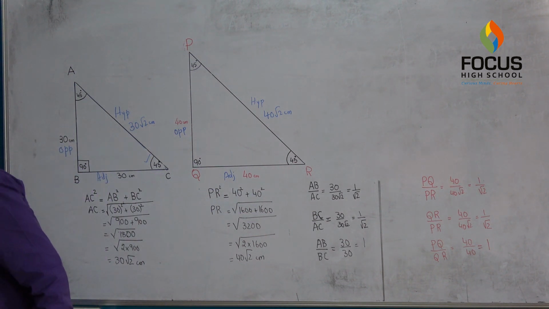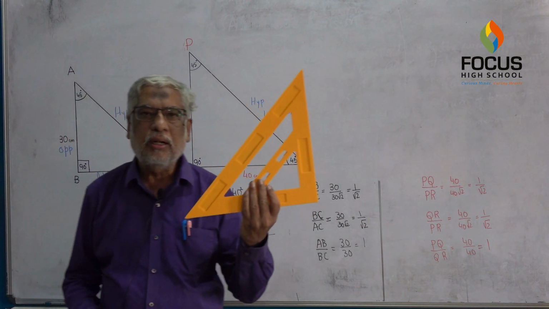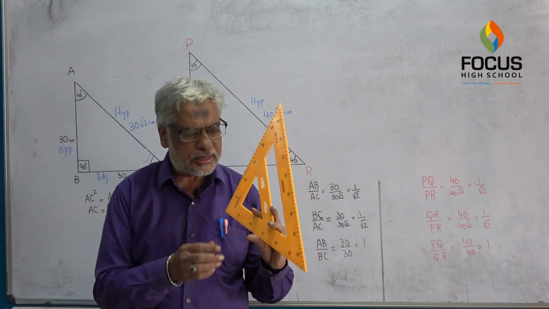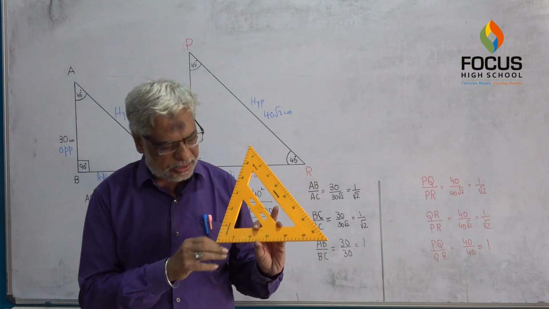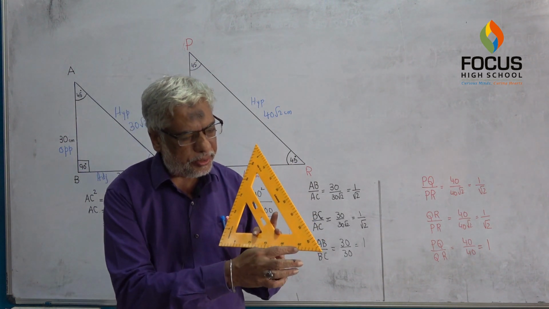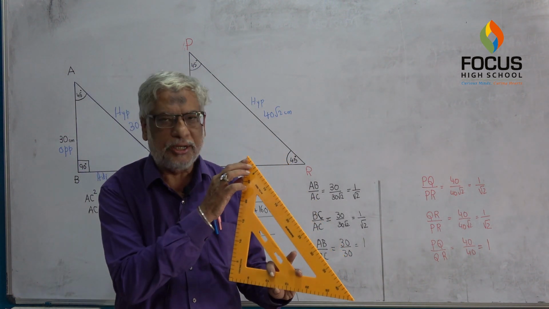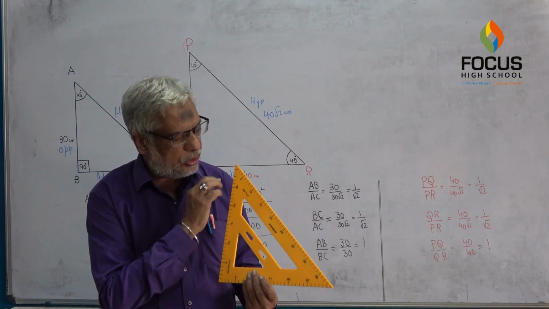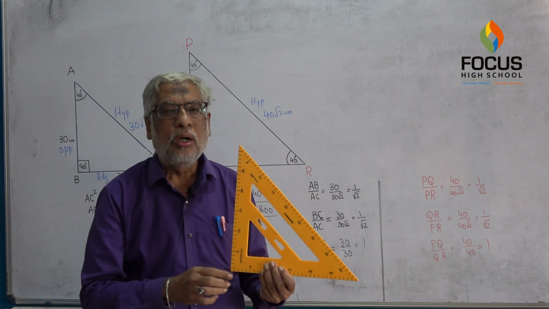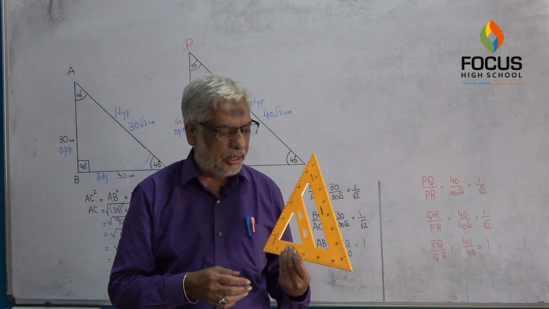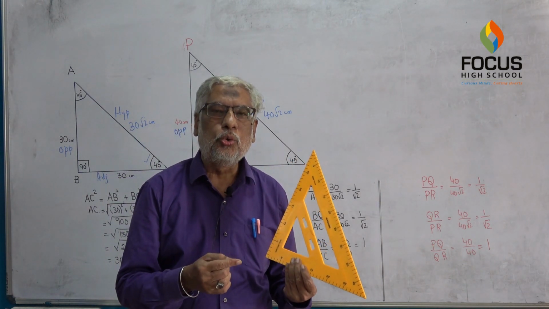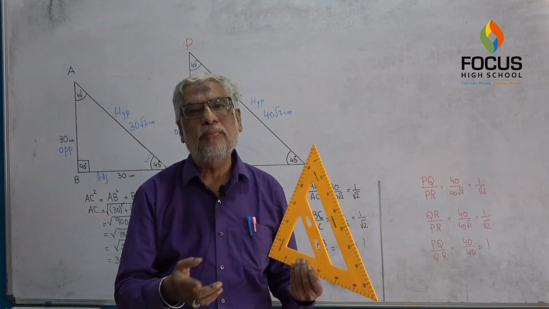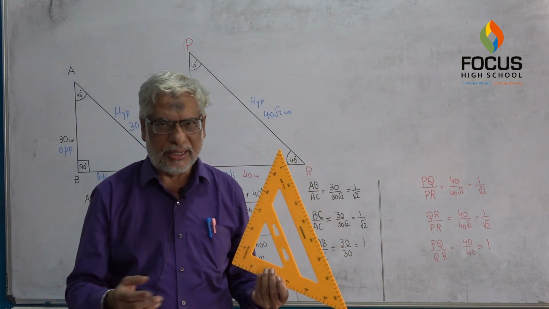Or I am having in my geometry instrument box another isosceles right angle triangle, and it is already marked, and one side is given to me as 30 centimeter. This also is 30 centimeter because it is isosceles, so they must be the same, and this is given to me as 40.4, which is nothing but 30 into root 2, which will be nearly equal to 40.42, something like that.